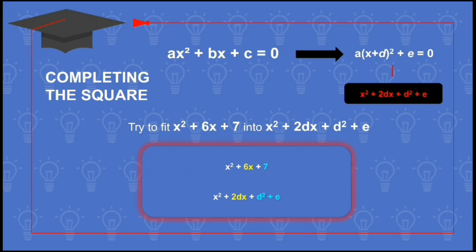We know that 6x must end up as 2dx, so we can assume that d must be 3. Next, we see that 7 must become d squared plus e, because we already know that d is 3, so d squared must be 9. Then 9 plus e equals 7, so e must be minus 2. So the result is 3 and minus 2.